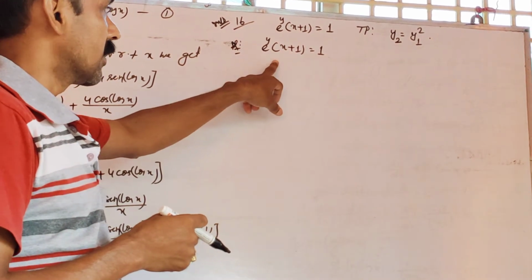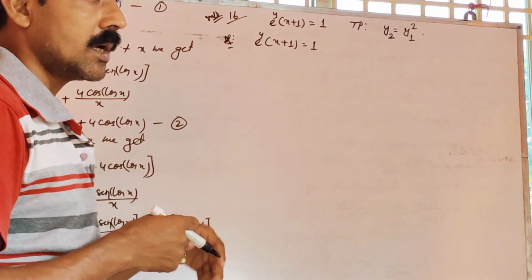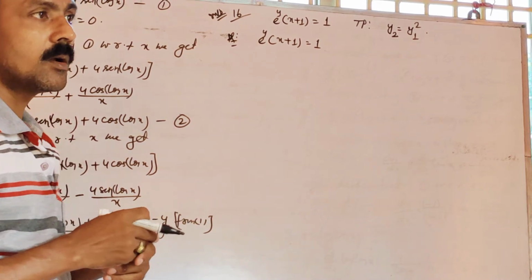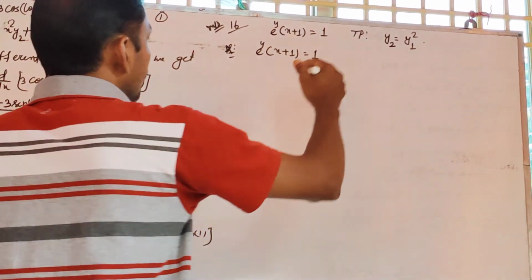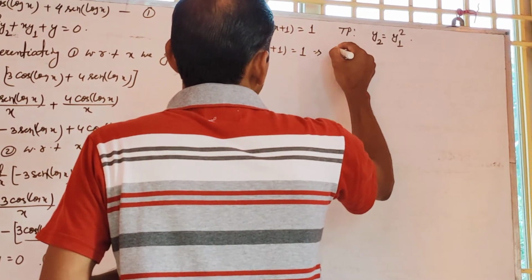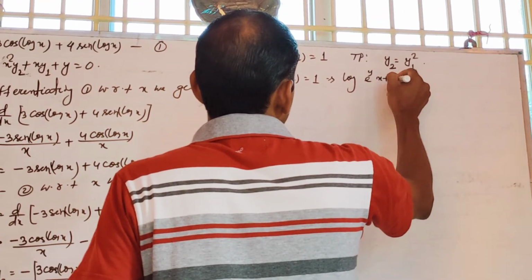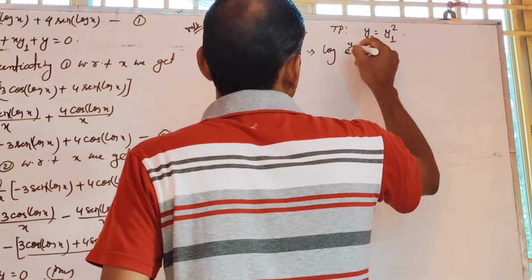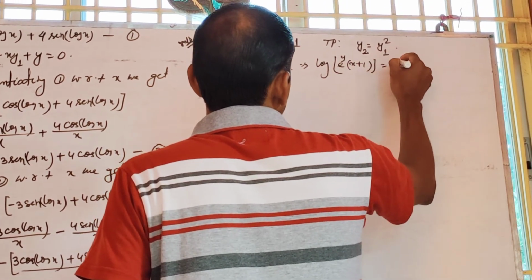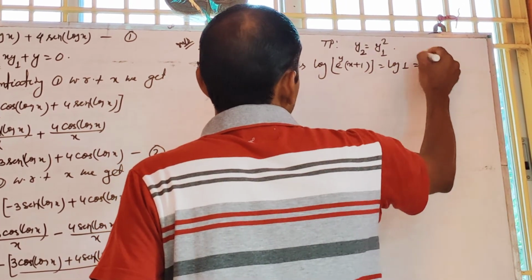If we take log, log of e to the power y into x plus 1 equals log 1, and log 1 is 0.